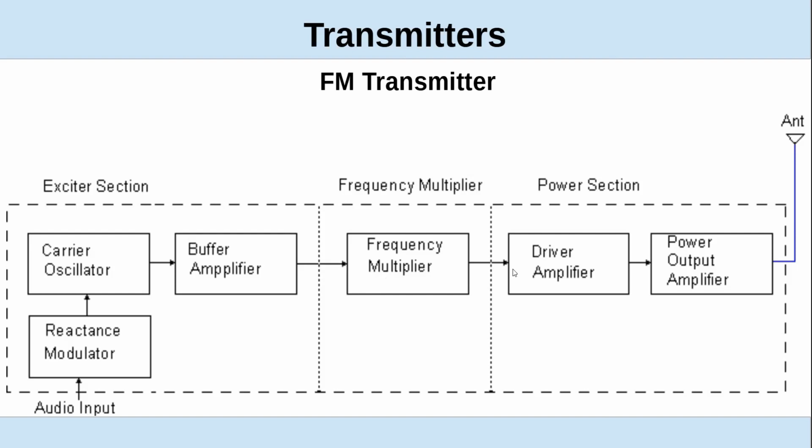And then we might do it again to get a frequency multiplication of 4 or a times 3. So you can see 2, 4, 6 a lot of times in FM transmitters to multiply the frequency up to where you want it, because you're at a much lower frequency where you start. And then just through a power amplifier. So the basic differences are the frequency multipliers, which are normally used, and the reactance modulator.